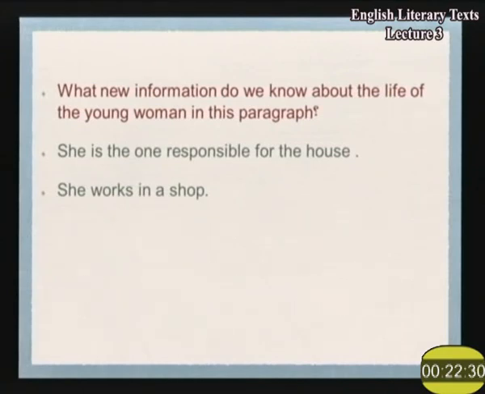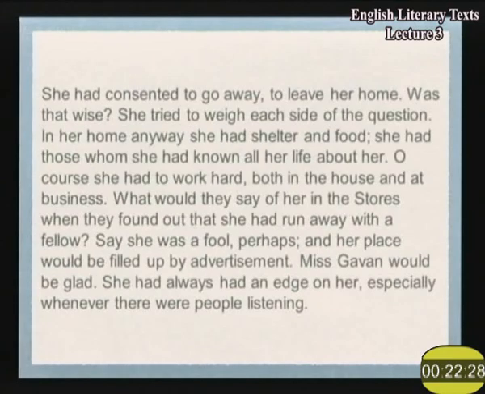Let's read it again and make sure we know all this information. She had consented to go away, to leave her home. To consent means to agree. So probably this man has asked her to escape with him and she agreed. Was that wise? She tried to weigh each side of the question, to weigh each side, to balance them.